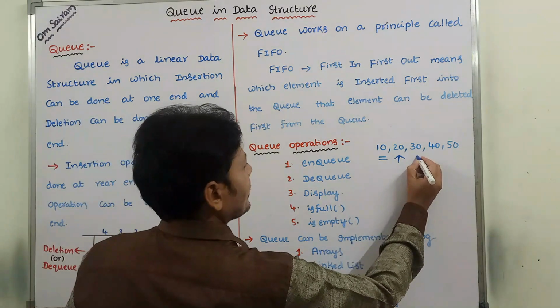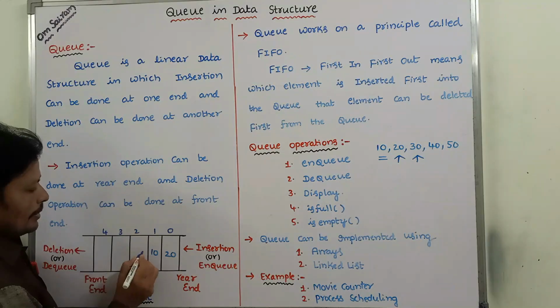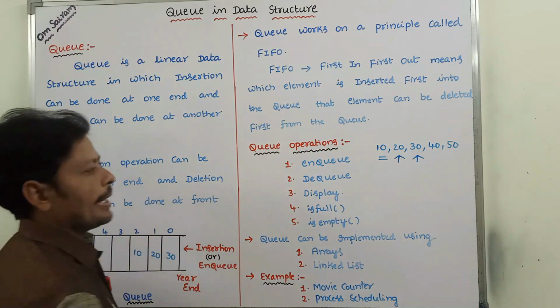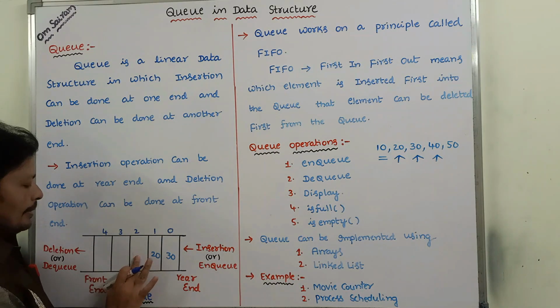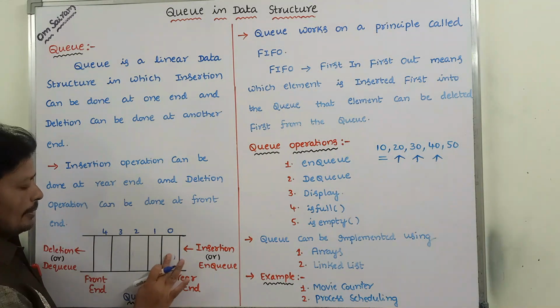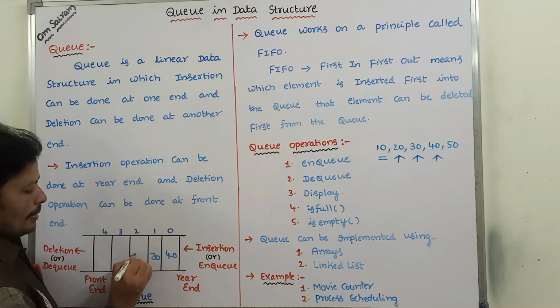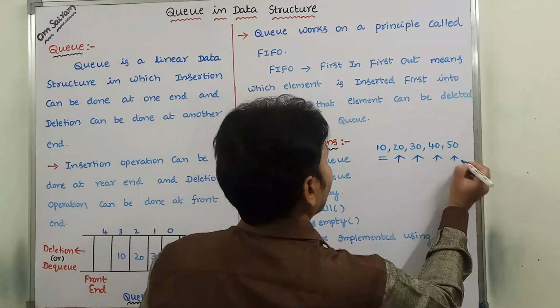Next we are inserting element 30. So here 10, here 20, here 30. Next we are inserting element 40. Next, we are inserting element 50.